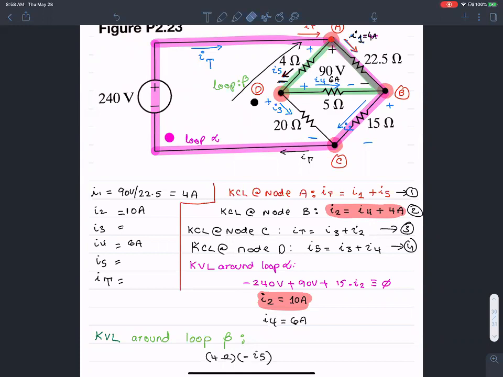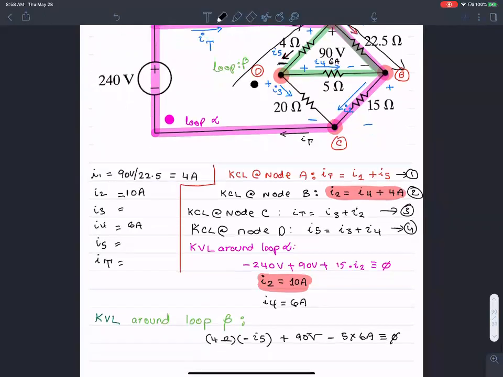So I have to account for that. Correct. Then this one, plus the 90. And then minus 5 I4 equal to 0.